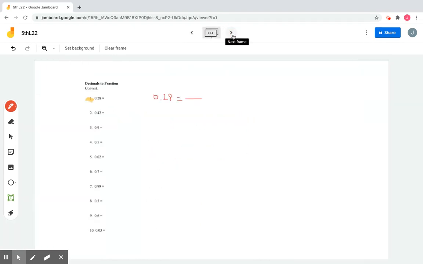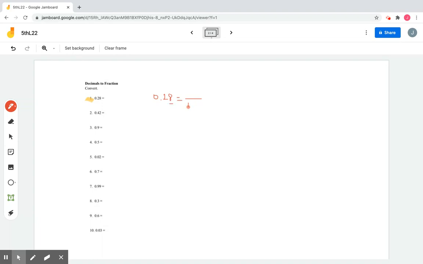And the next one is decimals to fractions. So we're going to work on number 1. So there's 0.28 and we're going to convert this to a fraction. There are 2 digits to the right of the decimal point, and this 8 is in the 100th place.